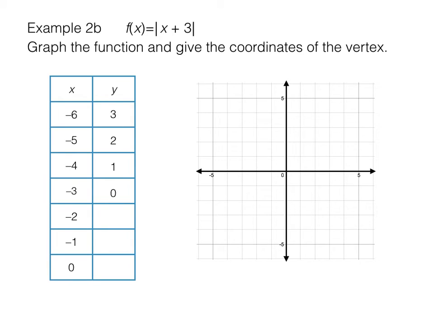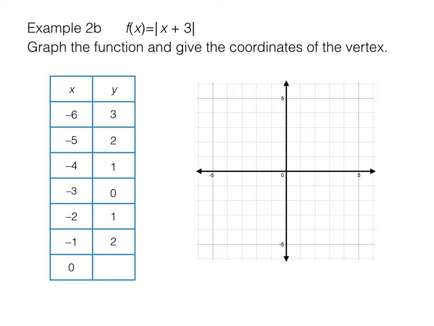That's the absolute value of 0, or 0. Let's substitute -2 in place of x. Negative 2 plus 3 is 1. The absolute value of 1 is 1. We'll substitute negative 1 in place of x. Negative 1 plus 3 is 2. And the absolute value of 2 is 2.